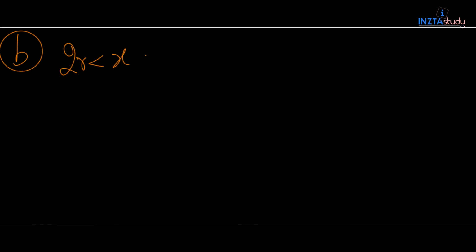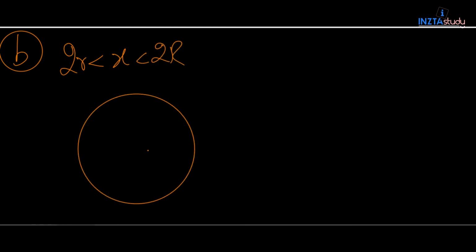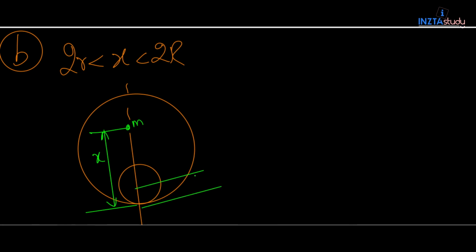So sphere, smaller sphere, line, okay, and this is x, this is r, this is 2r.